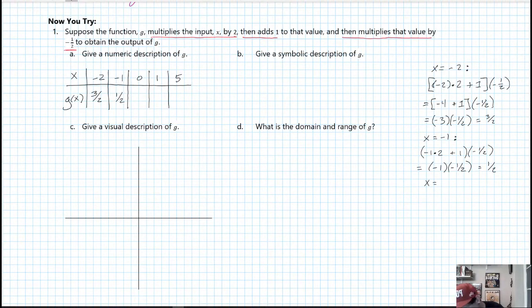Next, we're going to plug in x equals 0. If our input is 0, we multiply that by 2. Then we need to add 1 and multiply that by -1/2. 0 times 2 is 0, plus 1 is 1, times -1/2 is -1/2.